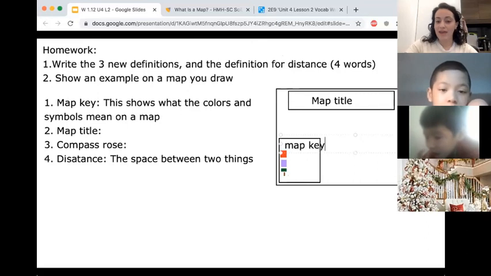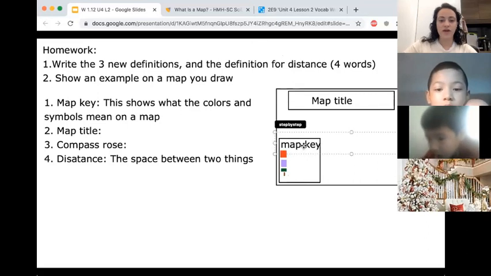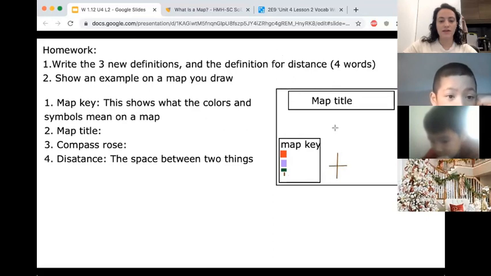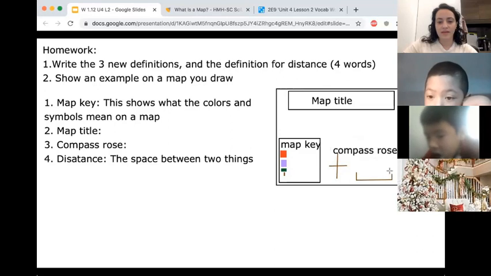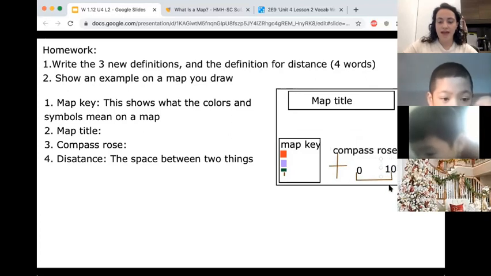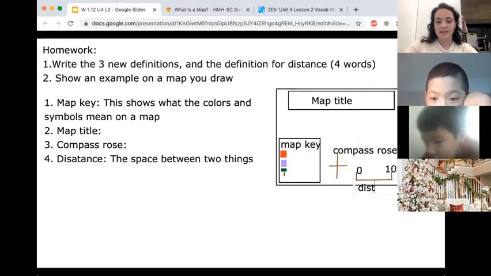And you write map key. Question so far? Then you draw a compass rose, north, south, west, east, and you label it. And then you can do one more for distance. You could say 0 to 10 kilometers, and then you write distance.